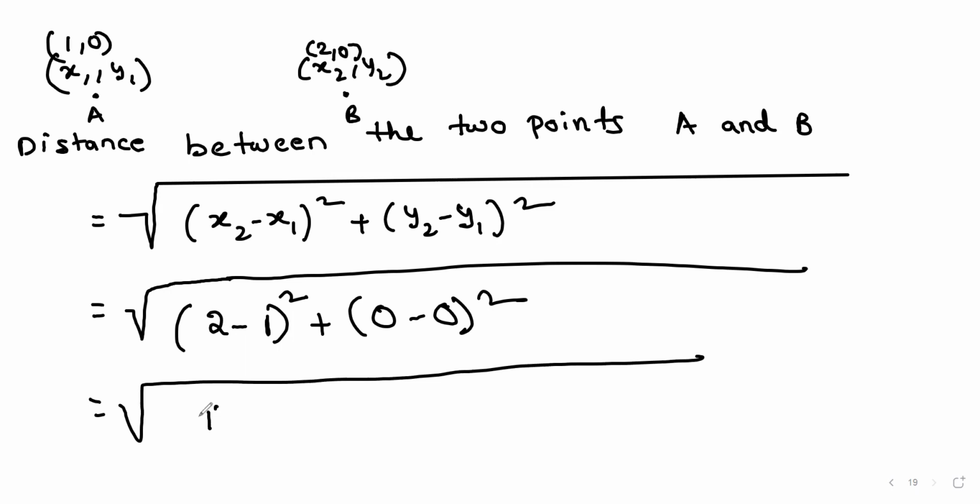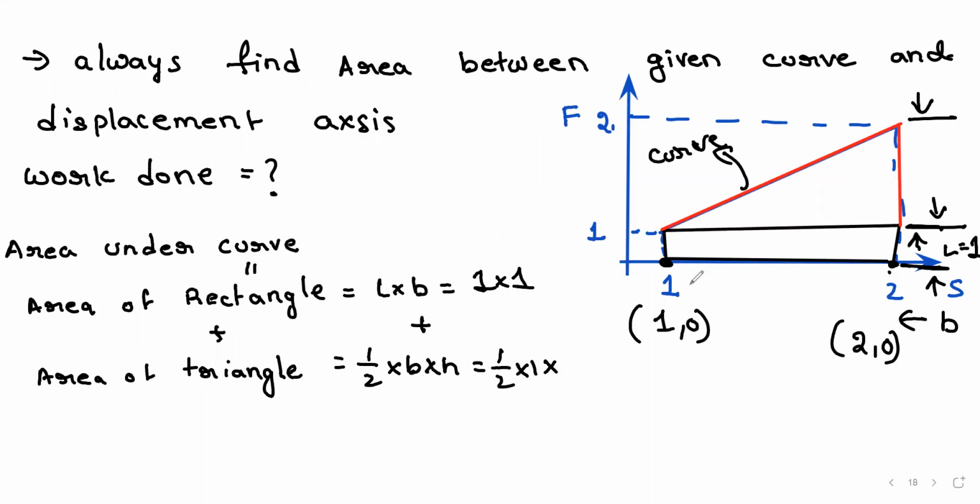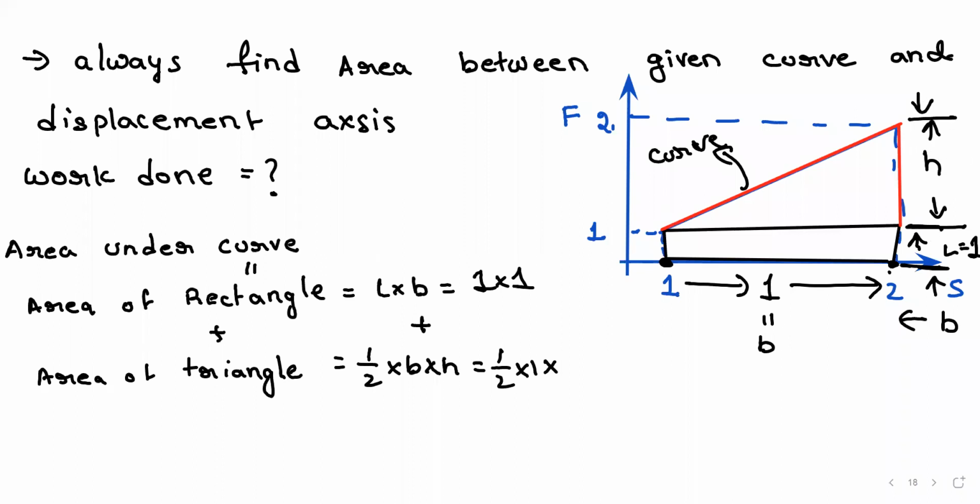What is the root of 1 square? 1. That's why we are writing 1 here. Nice. See, just keep asking doubts, then you can develop yourself. So what is B? 1. Now here, what is H, Hitesh? 1, sir. 1, nice.